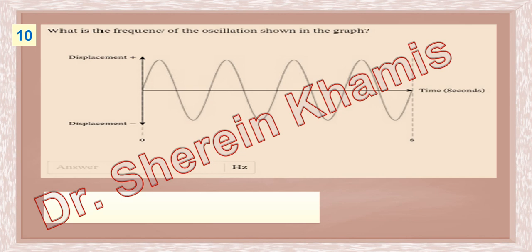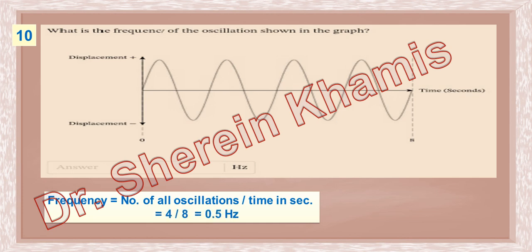So what is the frequency? The frequency equals the number of all oscillations over time in seconds, 4 divided by 8, so the right answer will be 0.5 hertz.